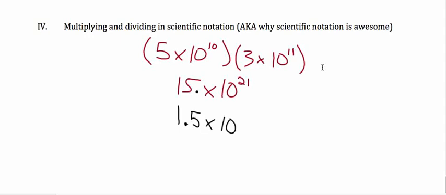Okay? What that means is I now need to put an extra 10 on the other side to balance things out. Or let's think of it this way. What I did is I divided this portion of the number by 10. I divided 15 by 10 to make it 1.5.